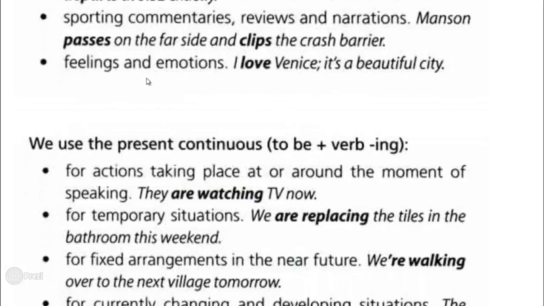And finally, we use it for feelings and emotions, like I love Venice. It is a beautiful city. If I say I love it, it would be like I loved it yesterday, I still love it, and I am very likely to love it in the future. So think about those things. Remember, we have timelines to explain them better. As English teachers, you may know how to use a timeline.